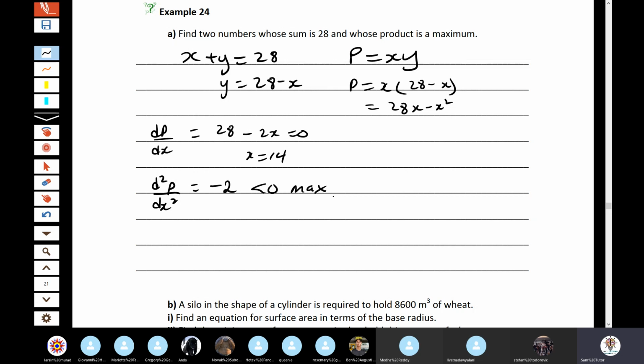Again, what do we do just after you've done all that? Answer the question. It said find 2 numbers. You only found 1 number. Therefore, the 2 numbers are 14 and 14. 28 take away 14 is still 14.